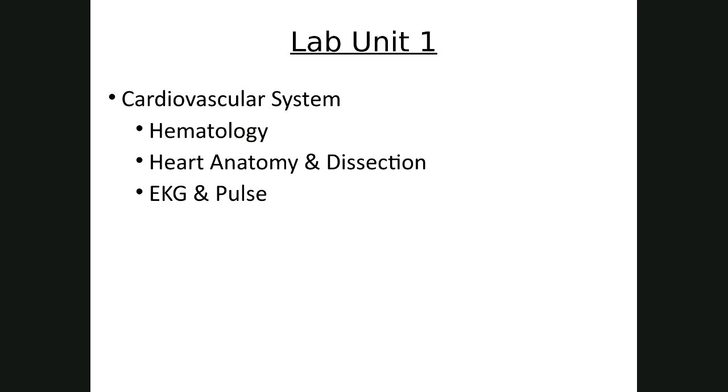All images, we will not be doing a dissection, although I've embedded a video of a dissection. If you want to watch that, you're welcome to, but I won't be testing you on a dissection. And then finally, we'll be doing EKG, where really it's understanding the different waveforms and their significance, and being able to correctly identify different waveforms. I go over a lot of this in the lecture.